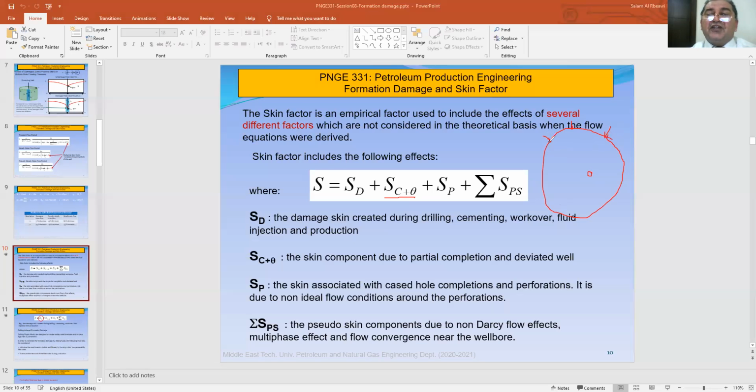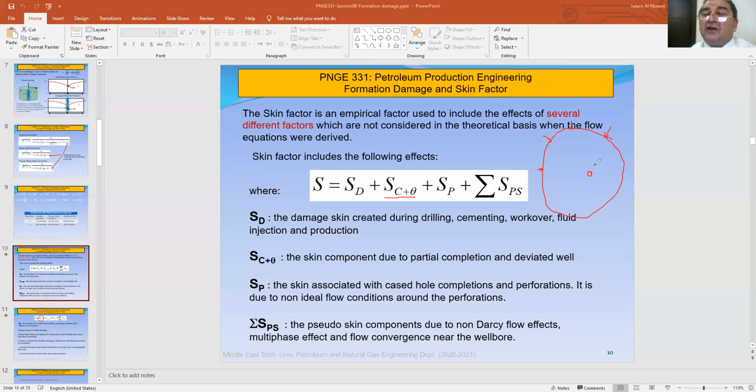So the cross-section area of flow in this case will be what? Here is the cross-section area, the circumference here, times h. And the circumference here is calculated by 2 pi r_e times h.